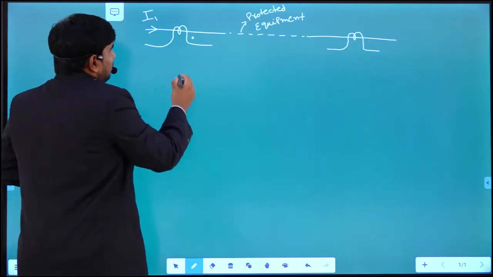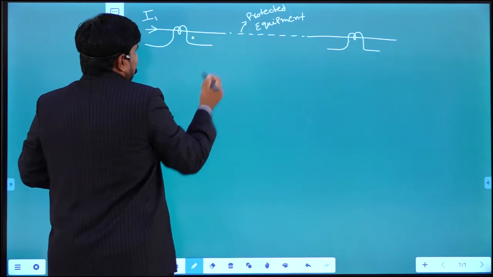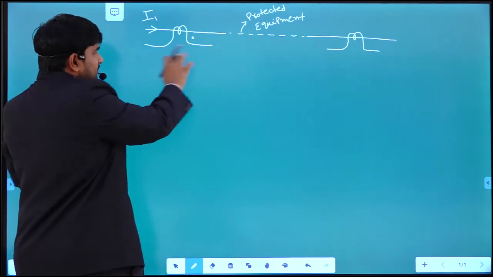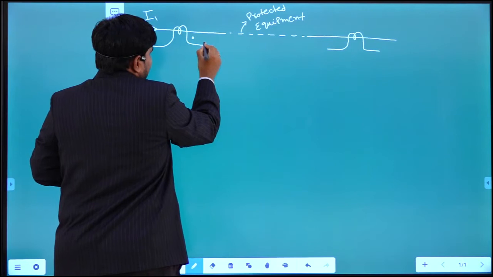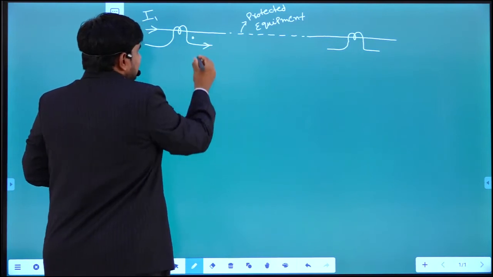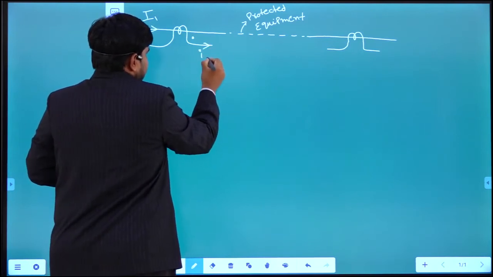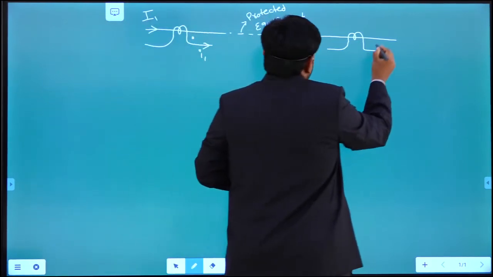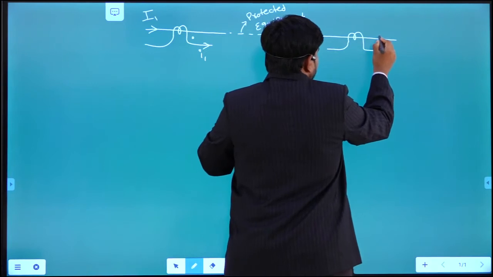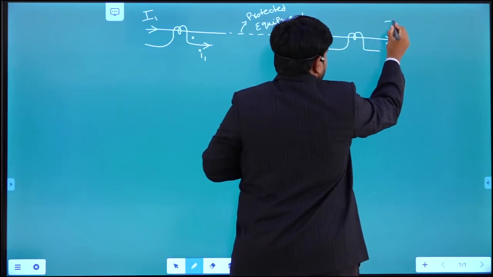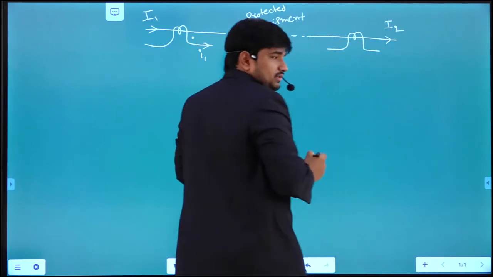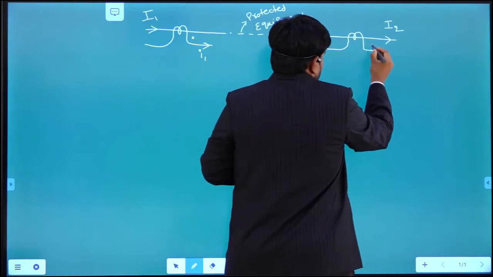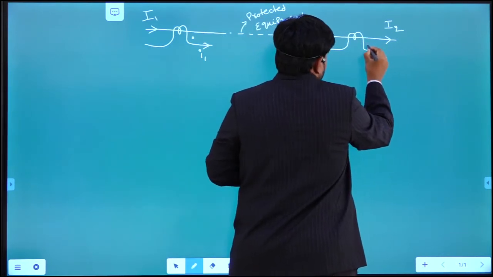As I have marked the dot notation, the current flowing in the secondary side of the transformer, that means the CT, is like this. This is I1. Similarly, on the output side also, I have a current, that is I2, and the dot notation is the same.